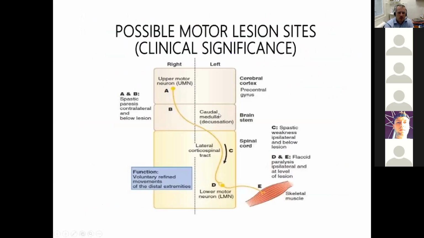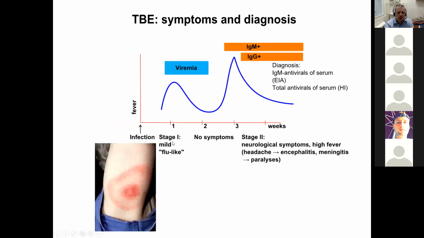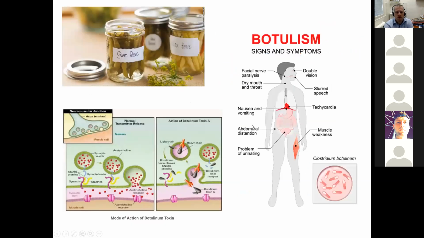And here is the explanation why it was not the other options like stroke and so on, why it was not tick-borne encephalitis, because the symptoms appear like 3 weeks after the infection.